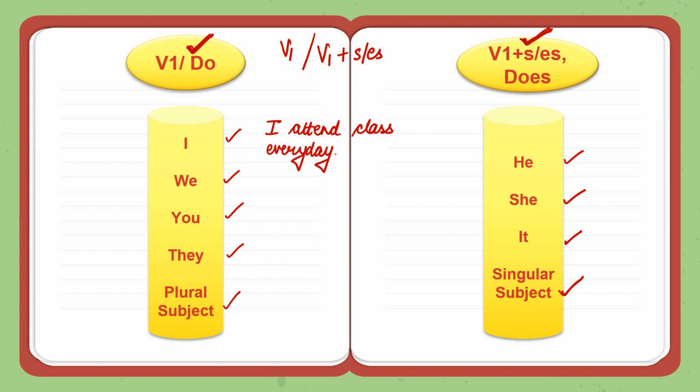Over here, we have used first form of verb, base form of verb, because our subject is I. Had it been she in place of I, she attends class every day. So in case of she, we use V1 plus S or ES.